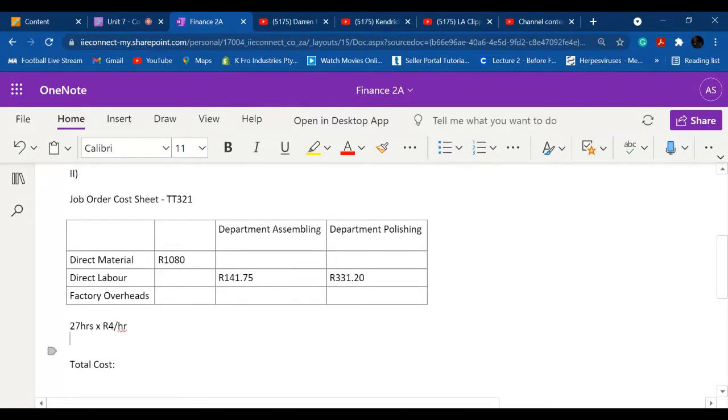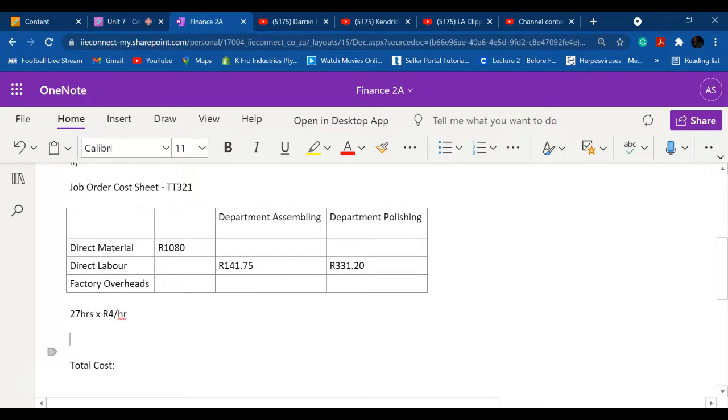You guys will calculate that for me whilst I also get out. And the other one was for department polishing, we spent 48 hours, and the rate we calculated there was 5 Rand 50, I think I recall, per hour.